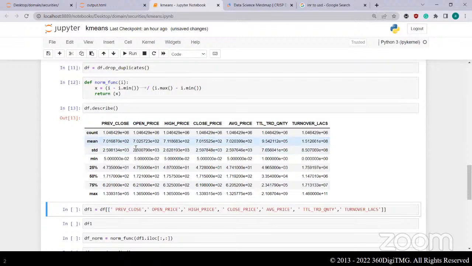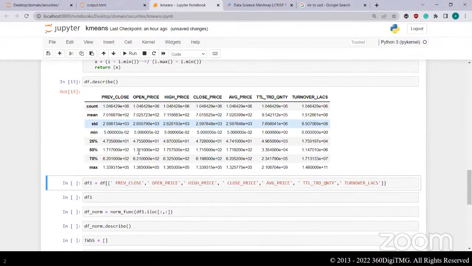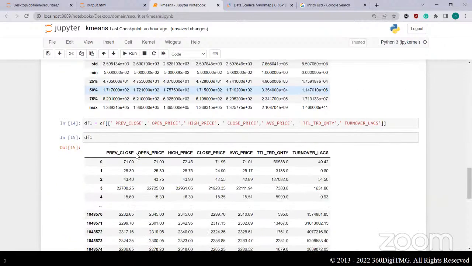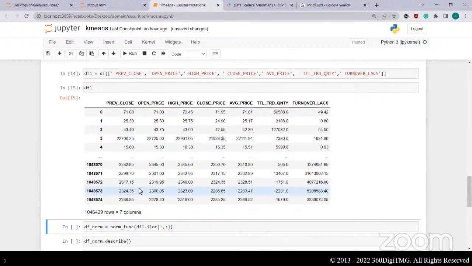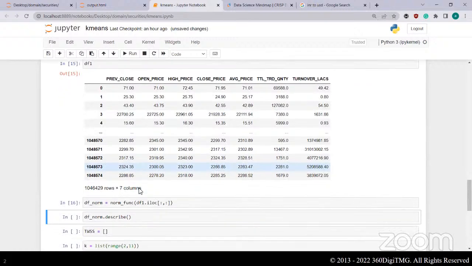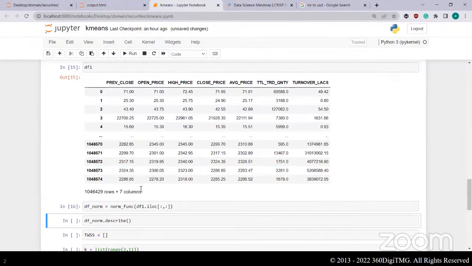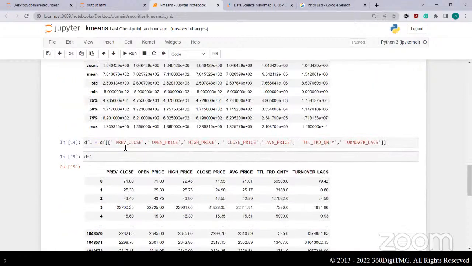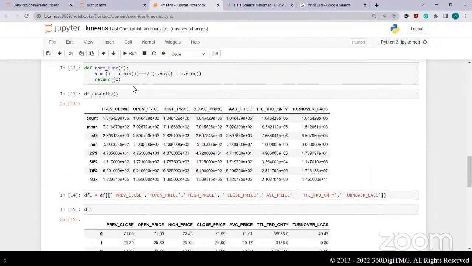We'll see the mean is very high. The standard deviation is very high. These things we already know. We'll create a new variable where we are taking all the numerical variables, and then we apply the normalization function. We have applied min-max scaling.